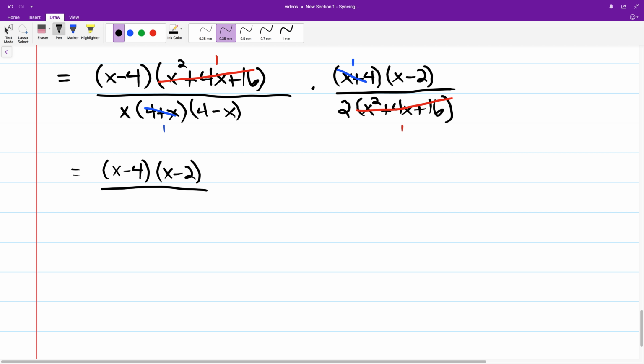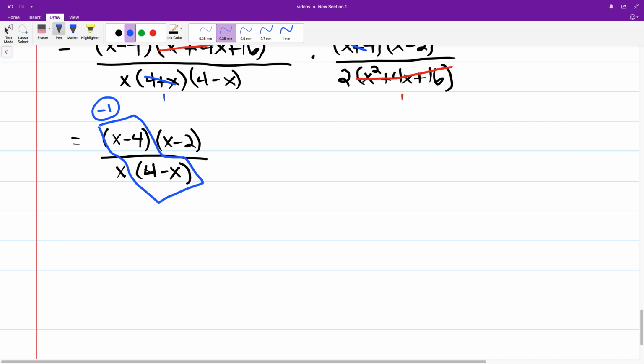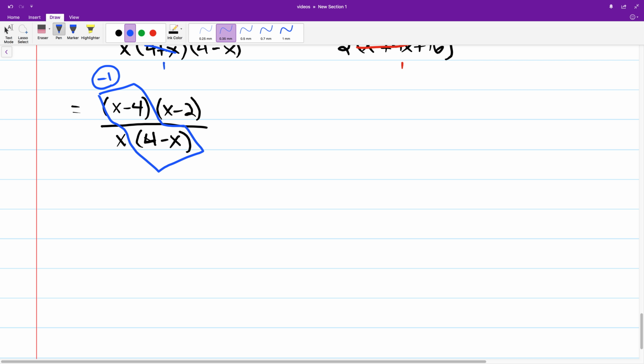And we have all over x times the quantity of 4 minus x. And so we have another situation here. You notice we have different binomials with the terms in switched order. So again, we have x minus 4, 4 minus x. Now the reduction is going to go to negative 1, and we'll just have this to distribute over x minus 2.